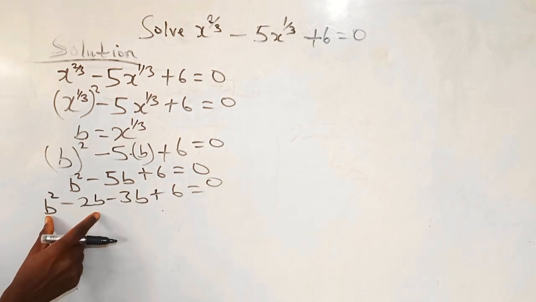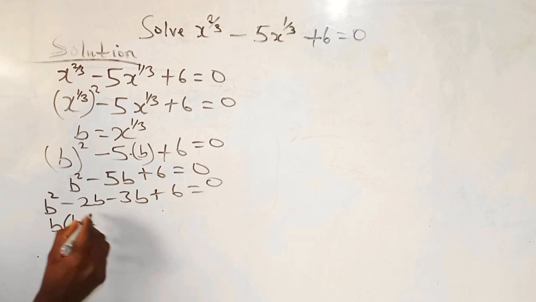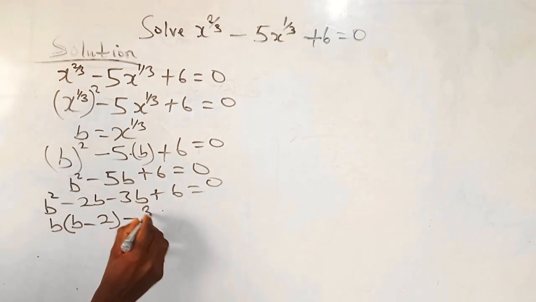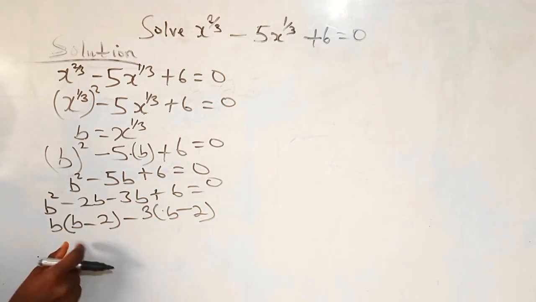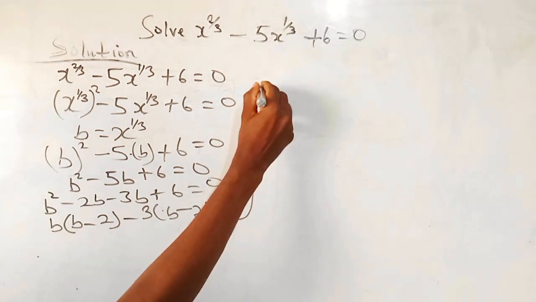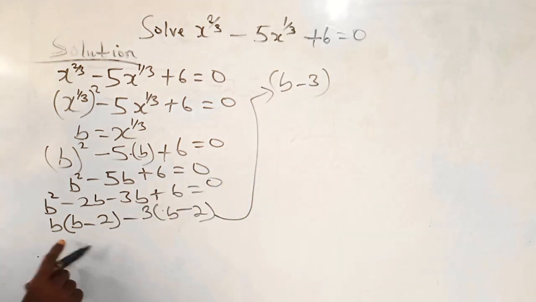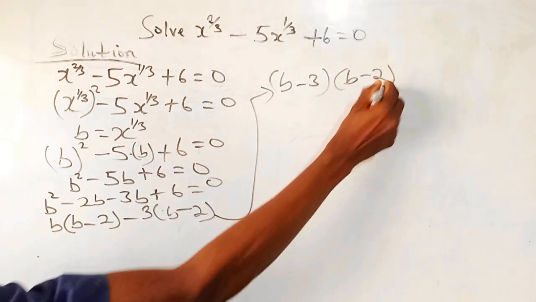When we group this, we have b as the common factor in the first two terms, so b into b minus 2. Then minus 3 into b minus 2. Here we have the same brackets, so we take them together and bring out one of the brackets: b minus 2.